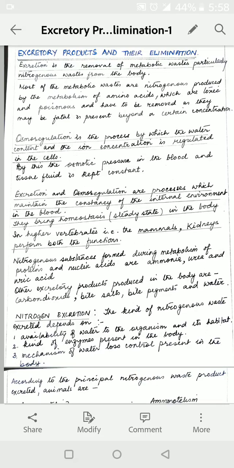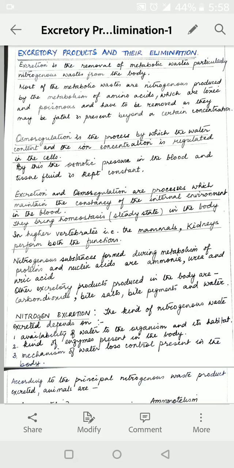And this is what we are going to see, how the kidney functions and how excretory products are eliminated, and how homeostasis can be maintained. Steady state of all the substances in the body is maintained. The constancy is maintained by the kidneys in the body.